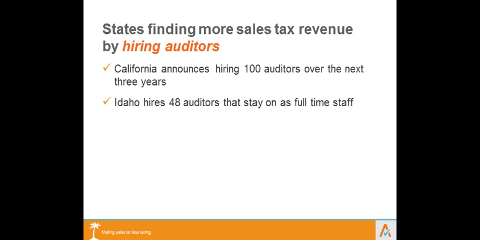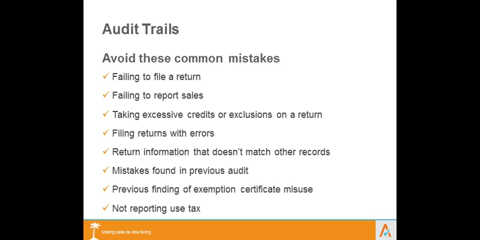So not only are audits a little bit dangerous for your business, but the frequency of audits is increasing as states tighten down their enforcement efforts, and you want to make sure that you think about that as you're making your tax decision. Some common mistakes that companies can avoid: number one, failing to file a return.